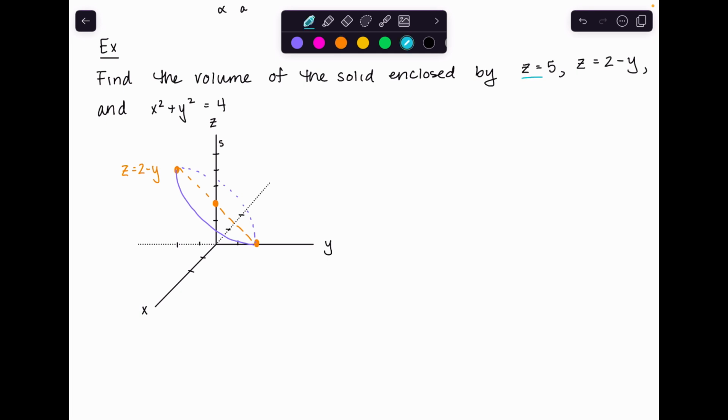And then same thing, z equals 5 is going to be a plane up here. The x and y are completely free, so it's parallel to the xy plane. Z just has to equal 5. But again, I'm taking this cylinder and I'm going to slice right through that thing, and it's basically like a cutout cookie. You're just going to have a circle up here.